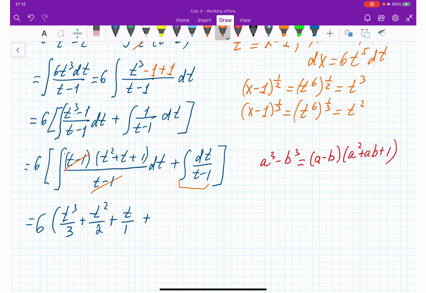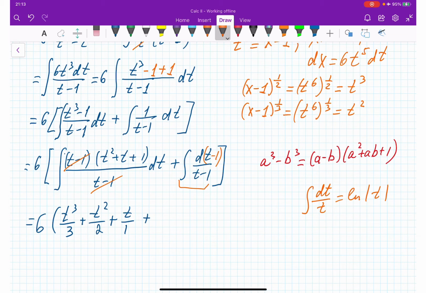dt over t minus 1. We know that the integral of dt over t is natural logarithm of t, right? But we have t minus 1. So I can easily squeeze in the minus 1 with no problem. Why? Because the derivative of a constant is 0. We still get a dt anyway, right?